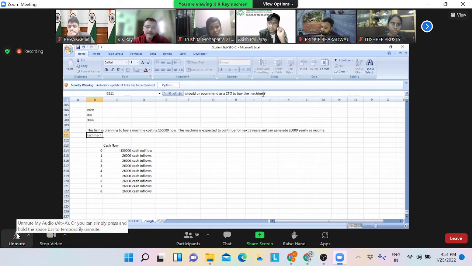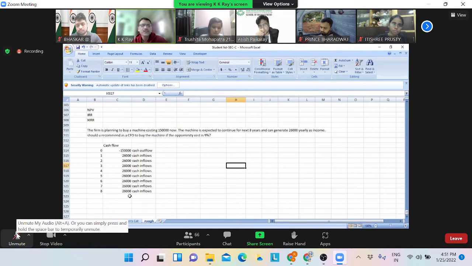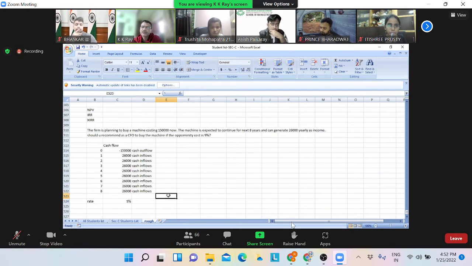If the opportunity cost is 9%, so the rate here is 9%. The period is 8 years, rate is 9%. So how are we going to decide whether to go for this or not? When he is taking the decision?